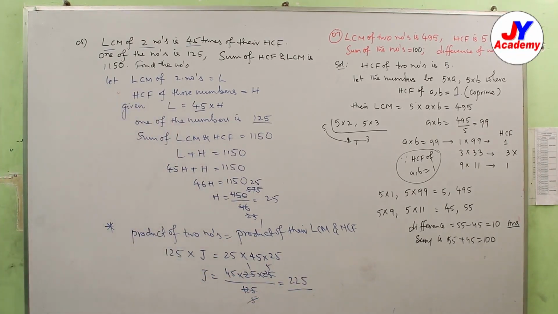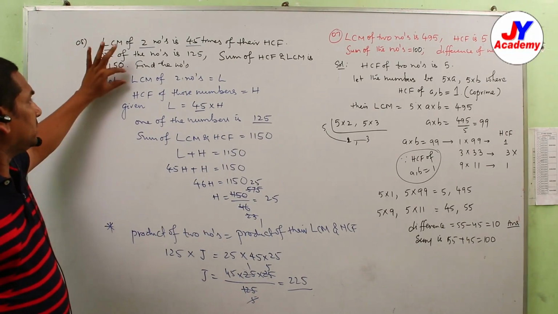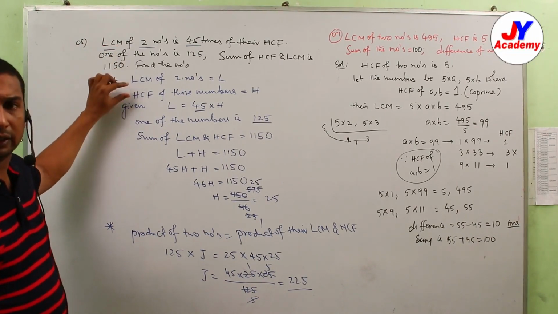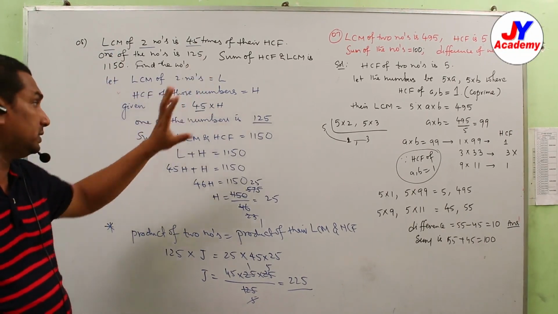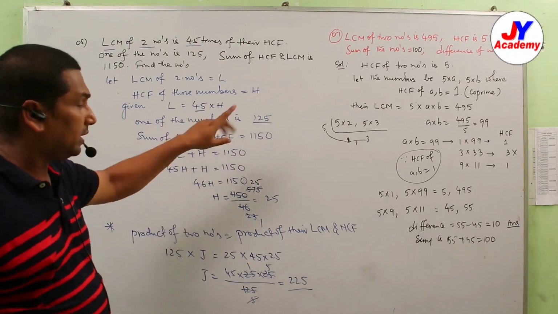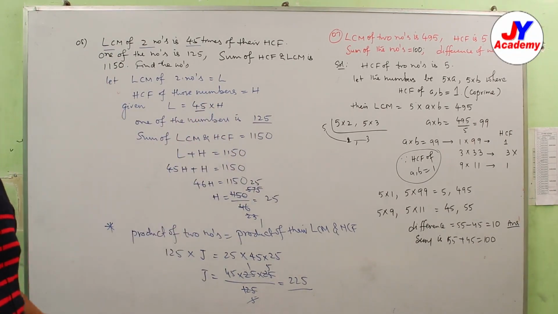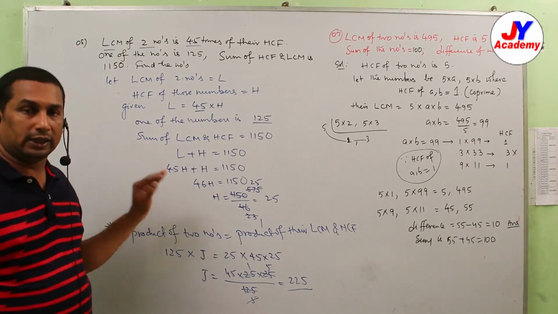225. So what are the concepts used in this question? Go through the given conditions once. LCM and HCF of two numbers are given with a relation between them, that the LCM is 45 times the HCF, and the sum of LCM and HCF is also given, and one of the numbers is given, that is 125. Now we have to find the second number.